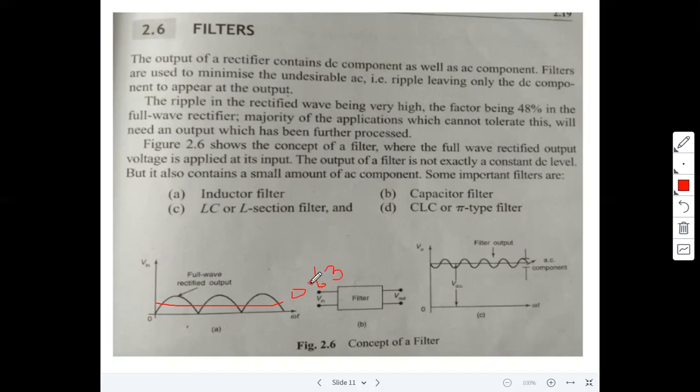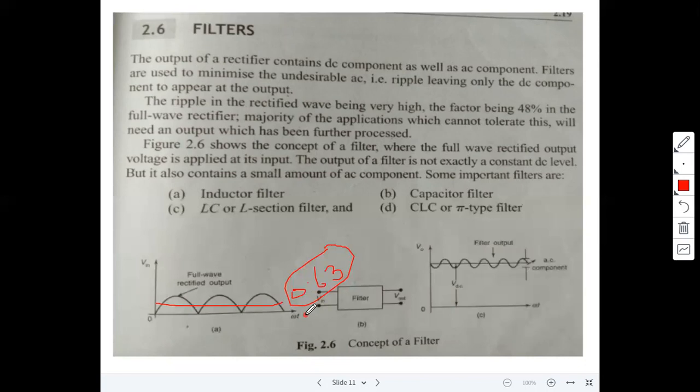That indicates the full wave rectifier output contains some AC component also, right? It is not a pure DC signal. This signal contains AC as well as DC.